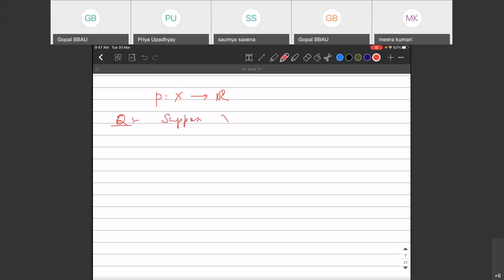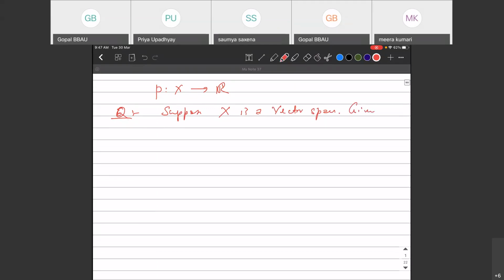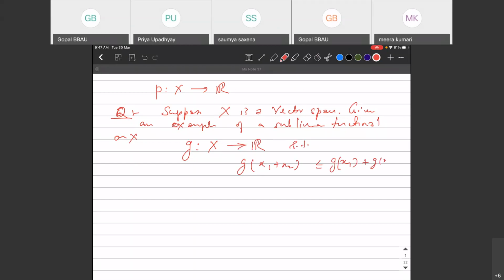Suppose X is a vector space, and give an example of a sublinear functional on X. This means give me an example of a map G from X to R such that G of X1 plus X2 is less than or equal to G of X1 plus G of X2.